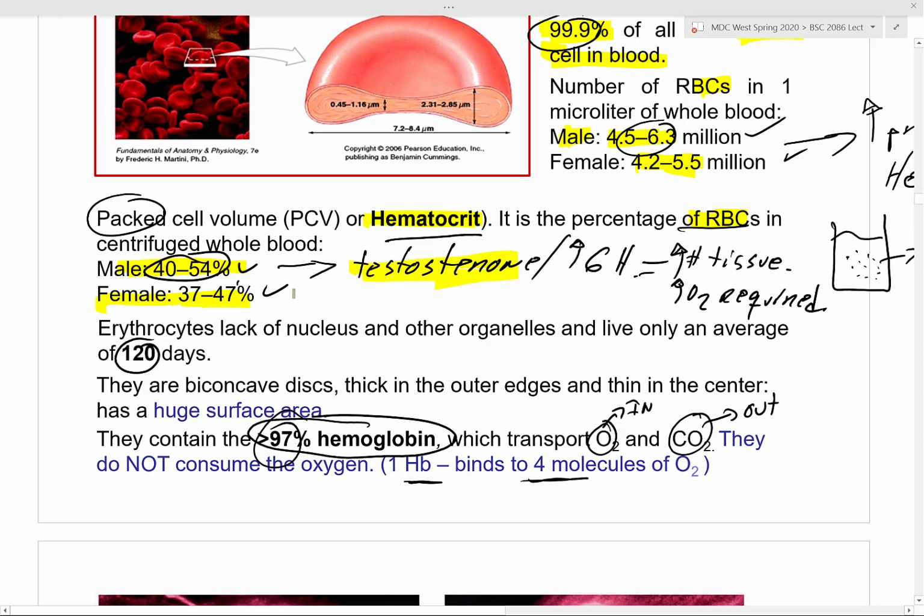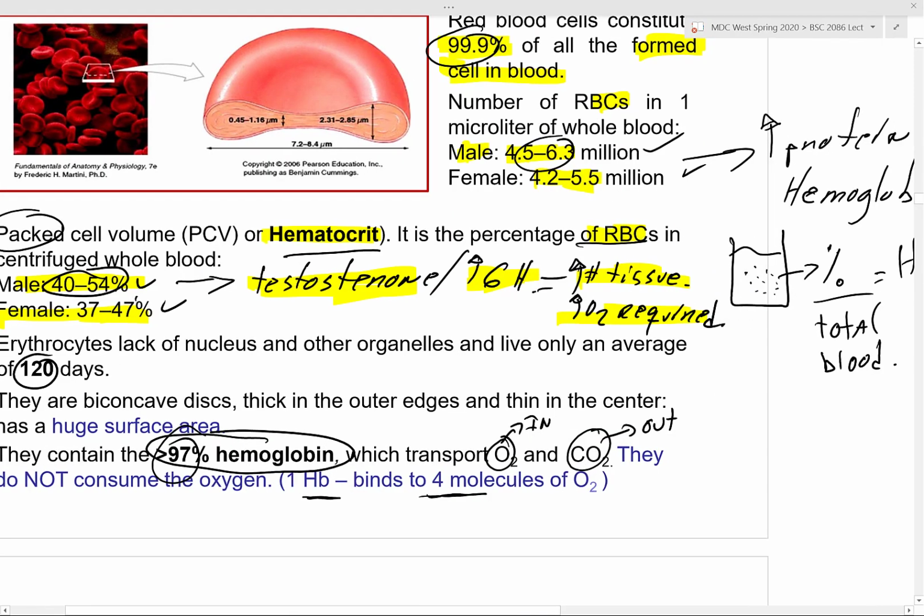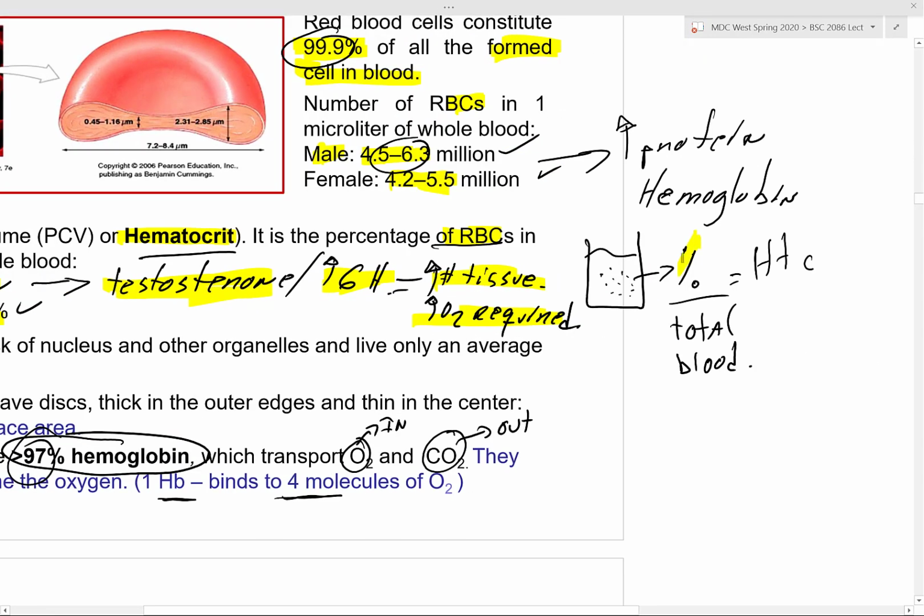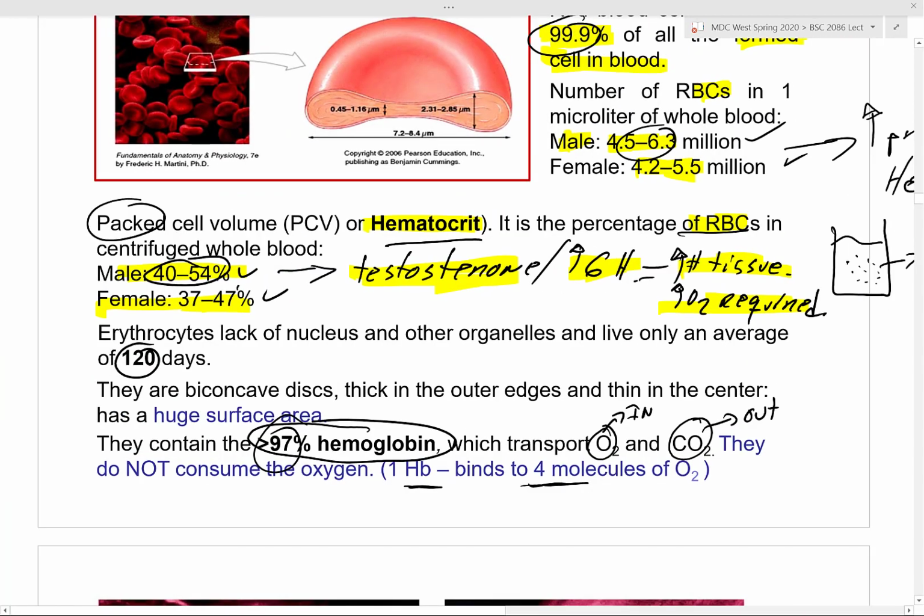Highest in male because of the testosterone, the growth hormone, okay? Because they have a high number of tissues, high oxygen demand. So what is the hematocrit? The percent of red blood cells in the total amount of blood. Okay? Because blood is not only red blood cells, right? It's plasma, white blood cells, platelets, right? And the red blood cells. So that's what a hematocrit is.